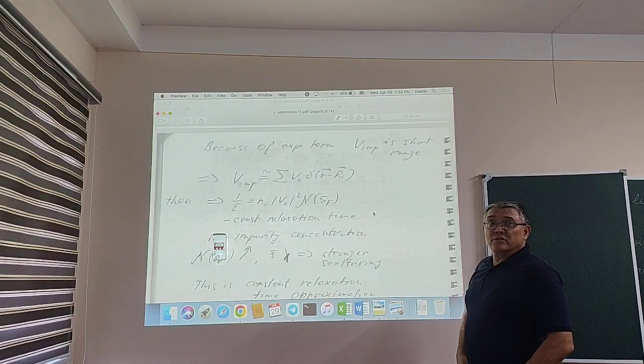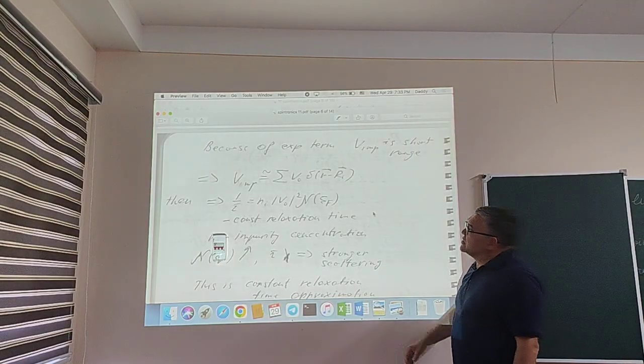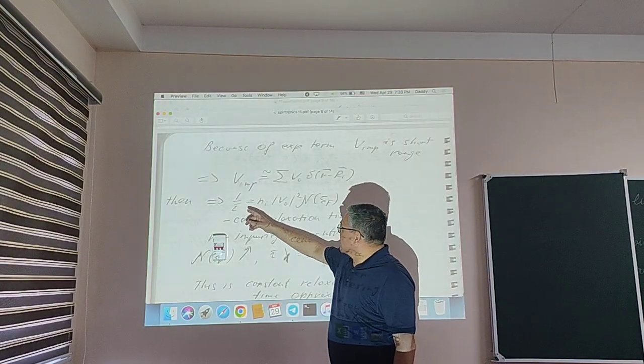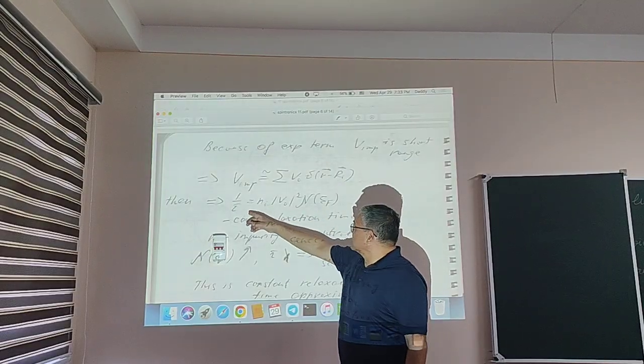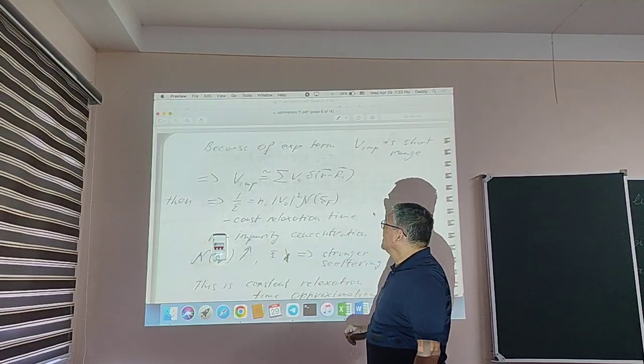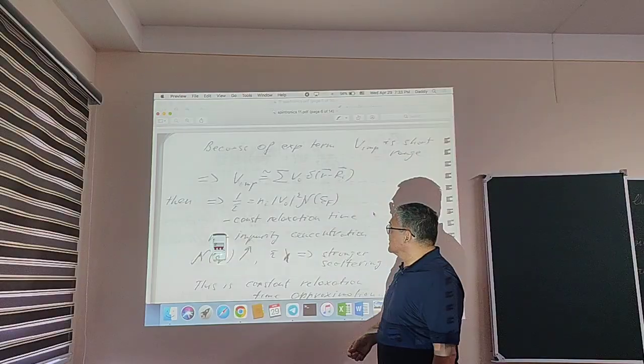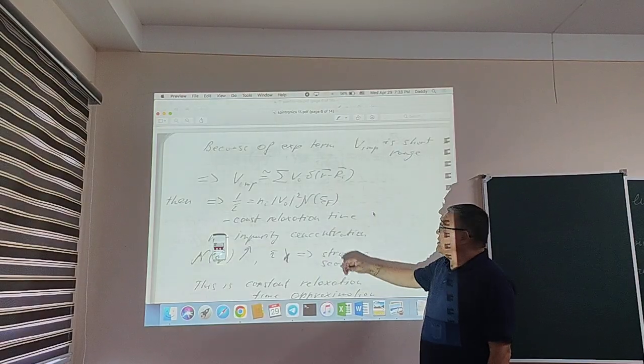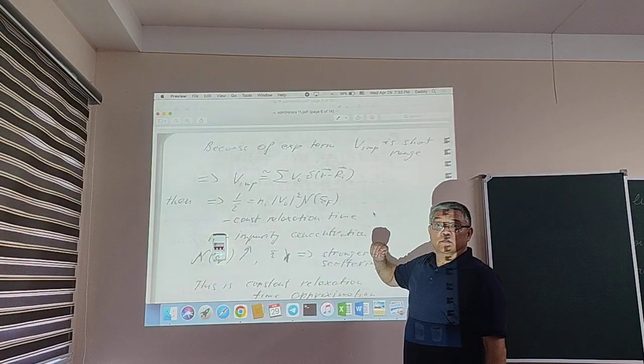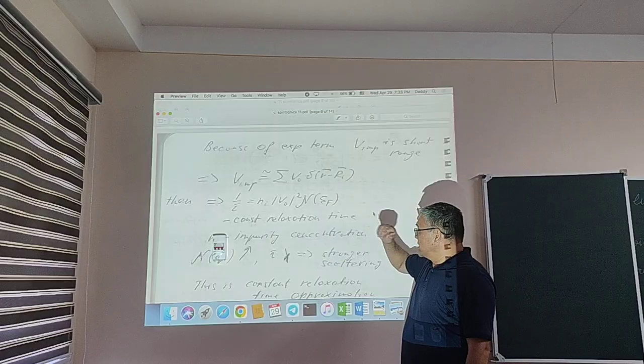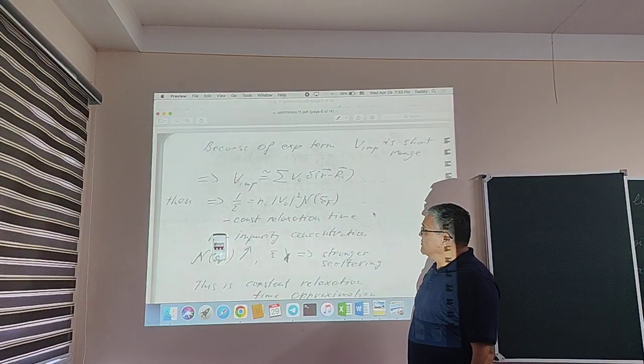Now, using this potential function, we can write down this expression for the relaxation time. Here Ni is the impurity concentration, and N(EF) is the density of states of electrons at the Fermi level.